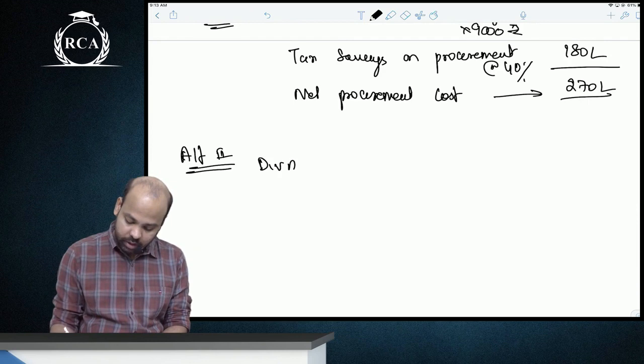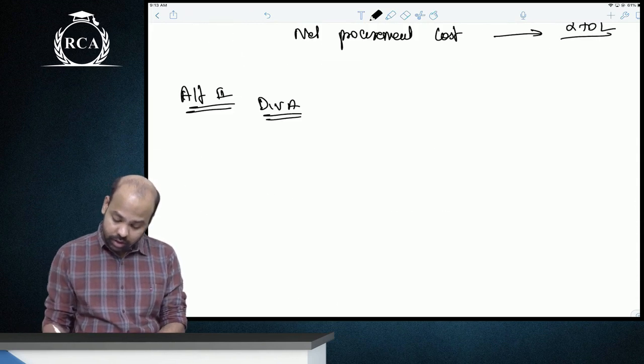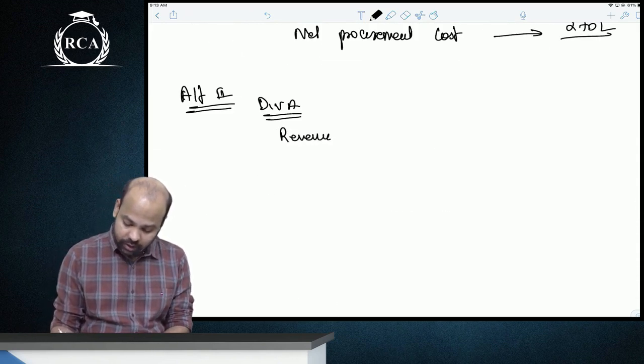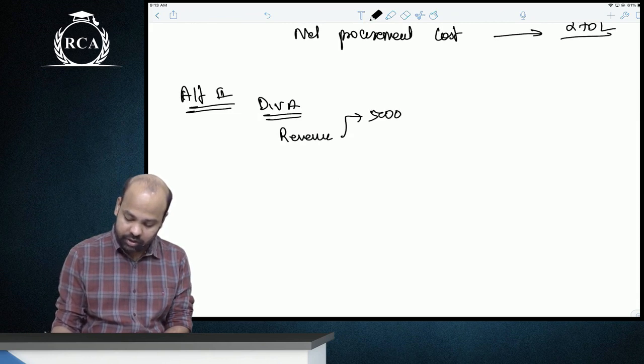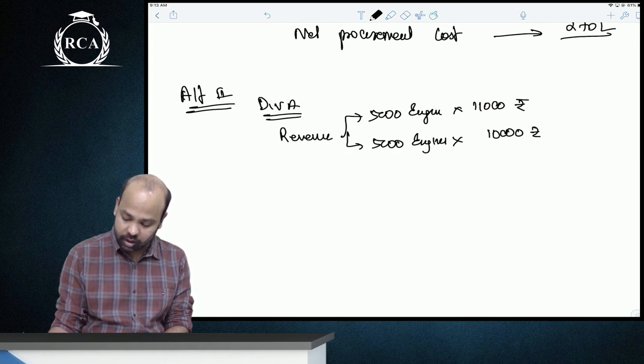Division A, their revenue would be 5,000 engines into 11,000 rupees for external sales, and 5,000 engines multiplied by 10,000 rupees for internal transfers.